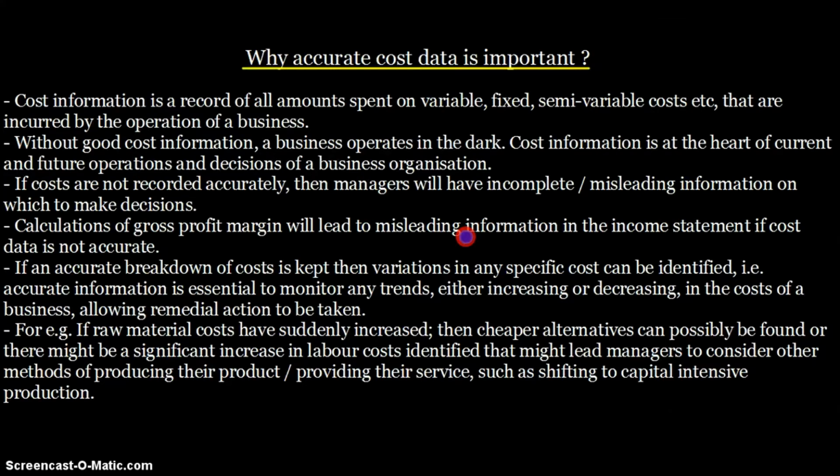If you don't have enough cost information, you won't be able to calculate your gross profit margin, because of which your income statement would not be accurate as well. If an accurate breakdown of cost is kept, then variations in any specific cost can be identified. That is, accurate cost information is essential to monitor any trends, either increasing or decreasing, in the cost of a business, allowing remedial action to be taken.